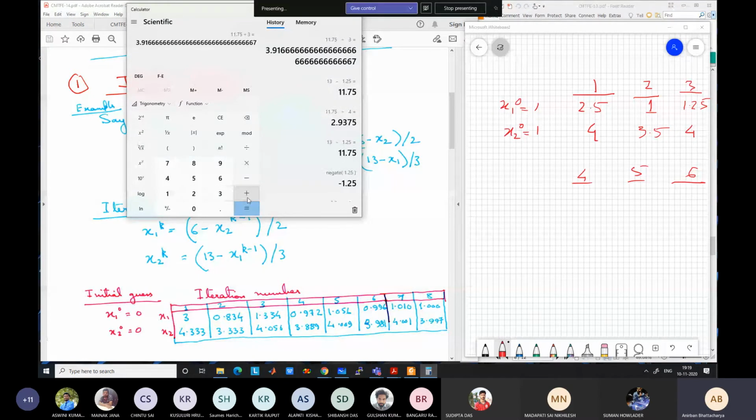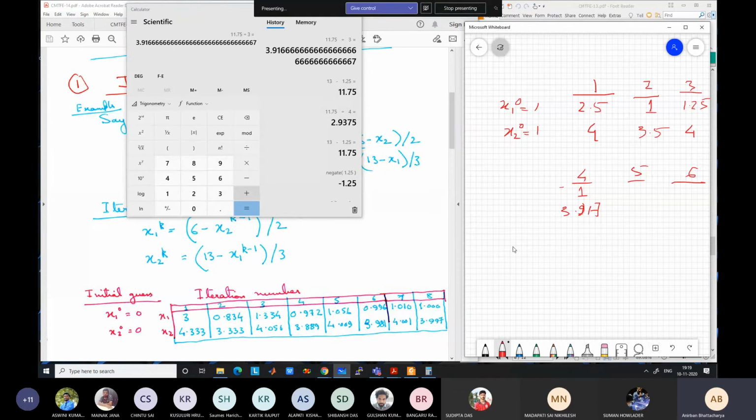So x2 is 3.917 and x1 we will obtain the correct value because it is 4. So we are converging this time faster as compared to the previous case. Not very quickly, but slightly quicker than this.